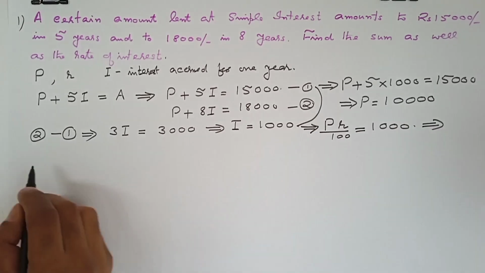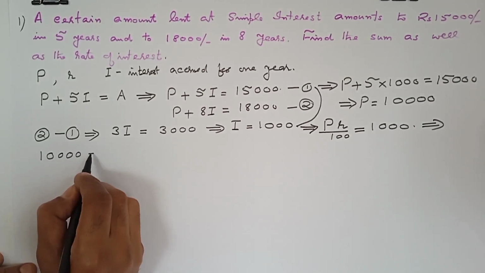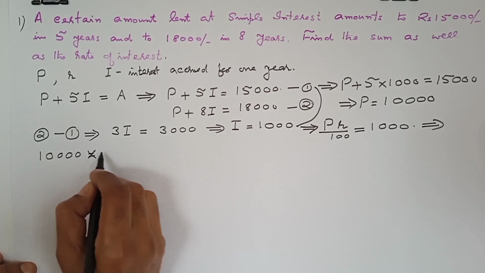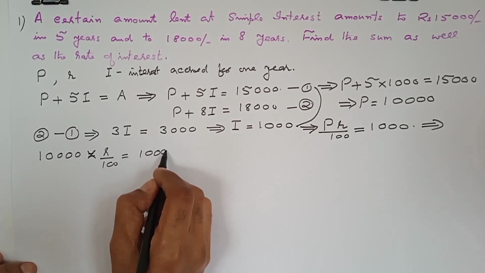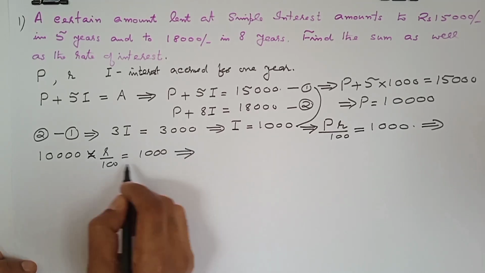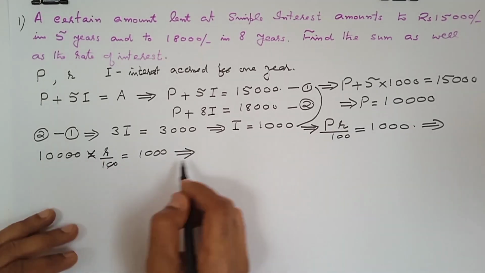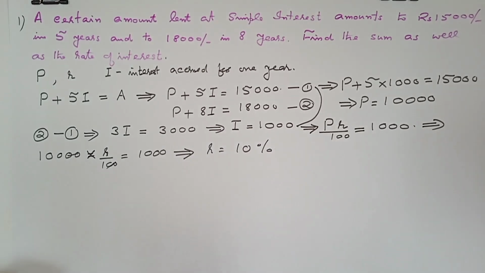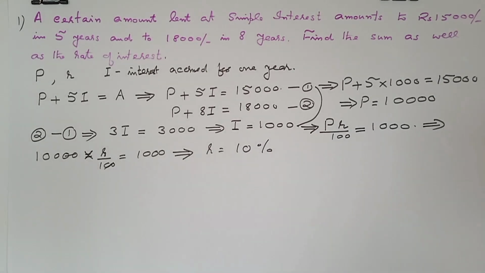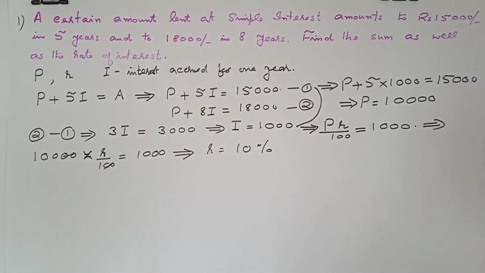P was found to be 10,000. Substitute that there into R by 100 equal to. Now keeping on, take everything else, you simplify here. So you get R as 10%. So sum is 10,000, rate of interest is 10%.